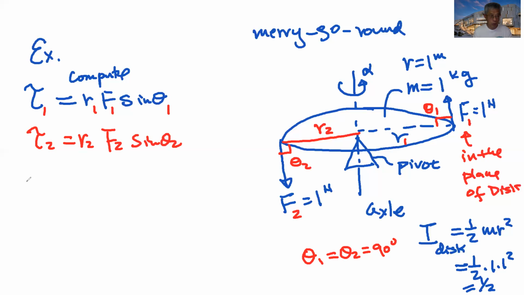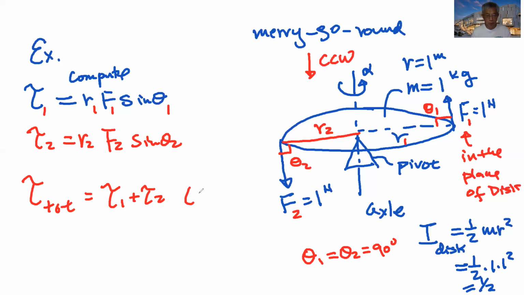So obviously the total torque in this case is equal to tau 1 plus tau 2, because they are in the same direction. If you're looking down this way, they're going in the counterclockwise direction, CCW. This is CCW, and this is also CCW, so both are CCW and you can add them together.